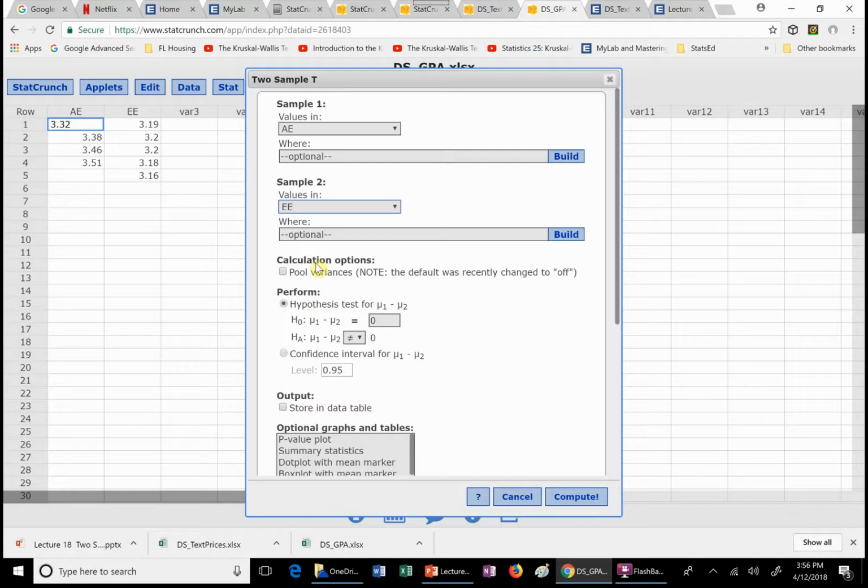So 1 is aeronautical engineering, 2 is double E, right? So I'm looking at the mean of aeronauticals minus double E's. I'm testing to see if that's greater than 0, right? So this is what StatCrunch looks at in the hypothesis test. So here I'm going to choose this to be greater than 0.